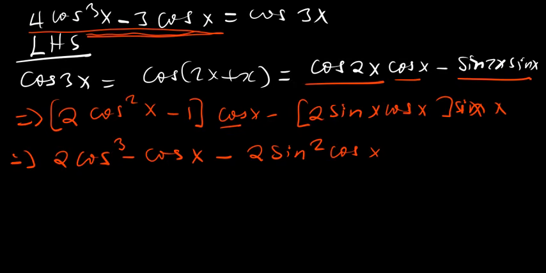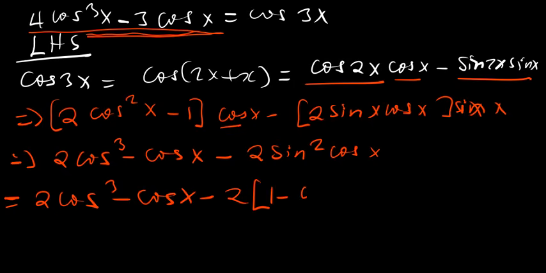Remember, we don't want sine to appear. So where there is sine squared, I can replace it with 1 minus cos squared. So I'll go ahead and say 2 cos to the power 3 minus cos x minus 2 open brackets 1 minus cos squared x. Then again outside the brackets there is cos x.